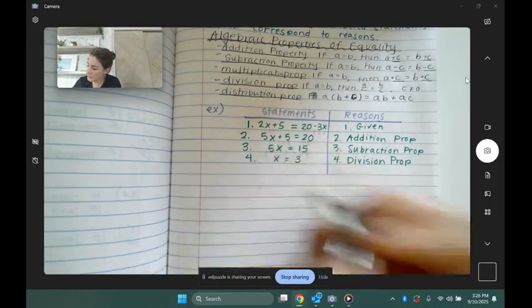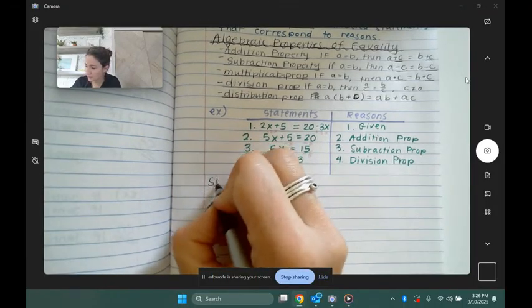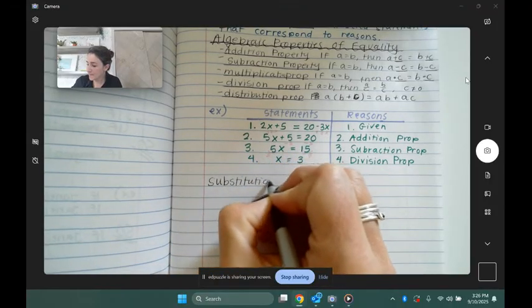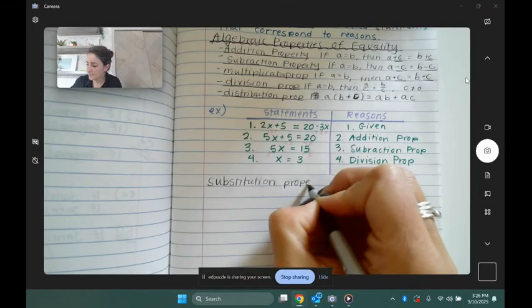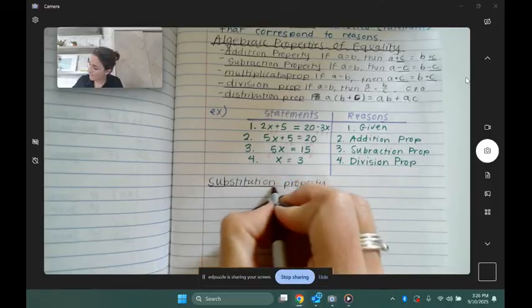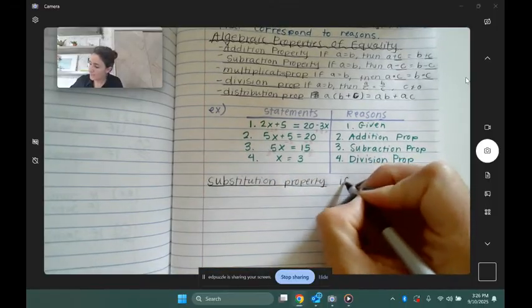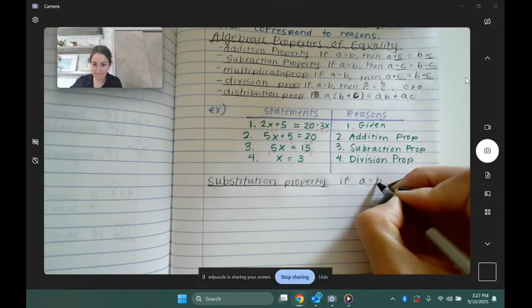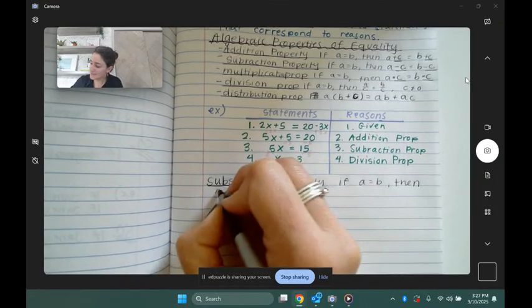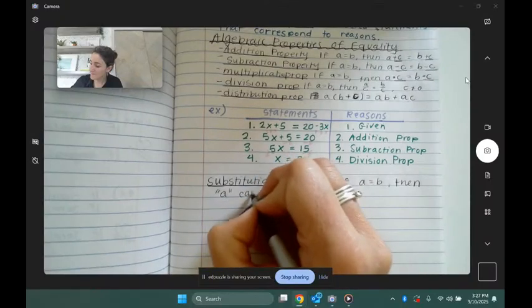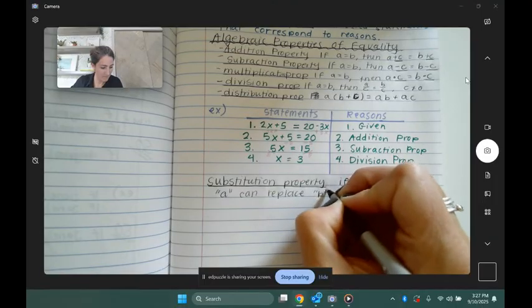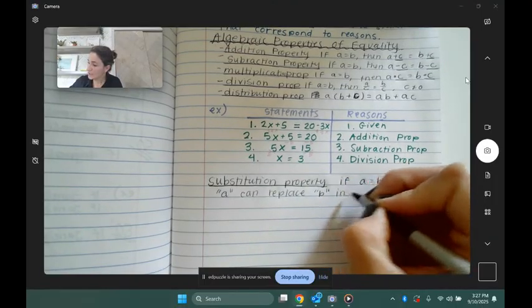Okay, I've got two more very common properties you're going to be seeing a lot. Substitution property. If A is equal to B, then A can replace B in an equation or an expression.